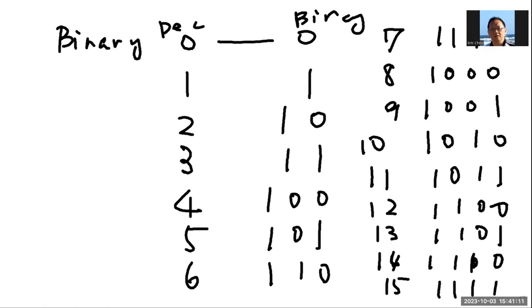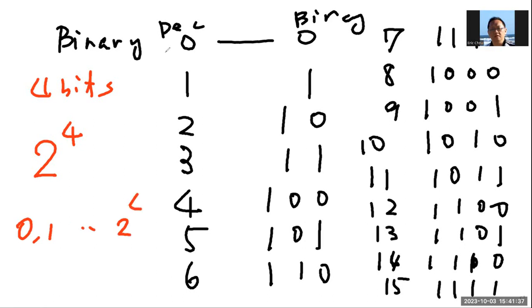With 4 bits you can store 2 to the power 4, totally 16 numbers, from 0 to 2 to the power 4 minus 1, which is 15. This we call binary numbers.